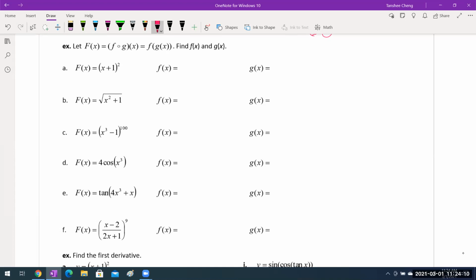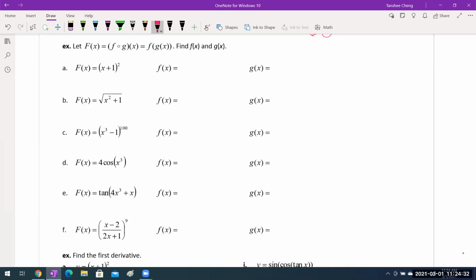It is very important that we are able to decompose them very quickly, and see the most outer function, the next inner function, and the next inner function, and so on and so forth. Because remember, using the chain rule, we need to take the derivative of the most outer function first.